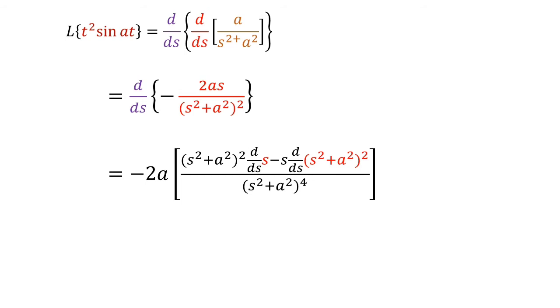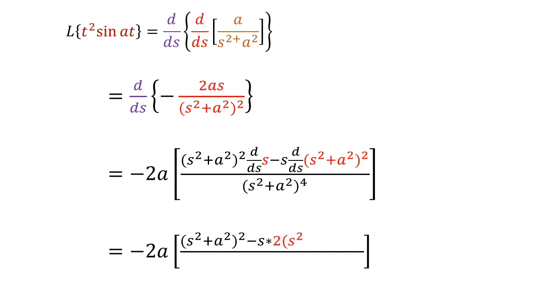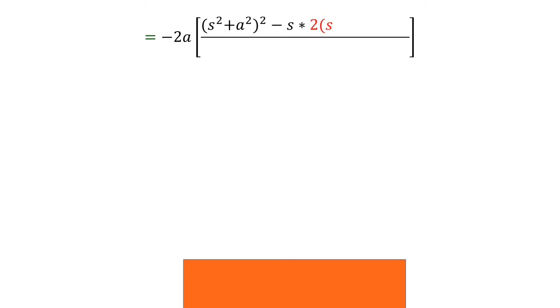So minus 2a times s square plus a square whole square minus s into 2 s square plus a square into 2s, upon the denominator, where the same thing remains. We just simplify this expression. We separate s square plus a square from the numerator.